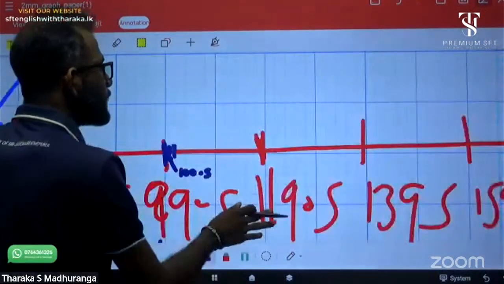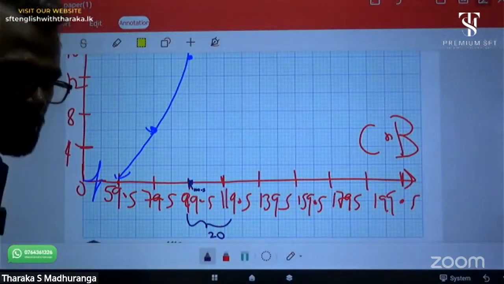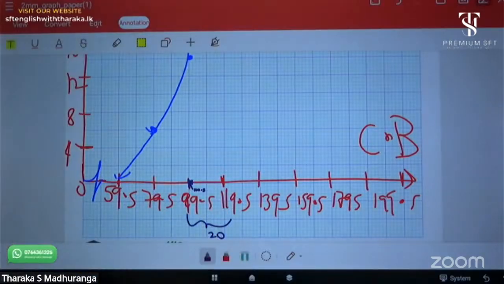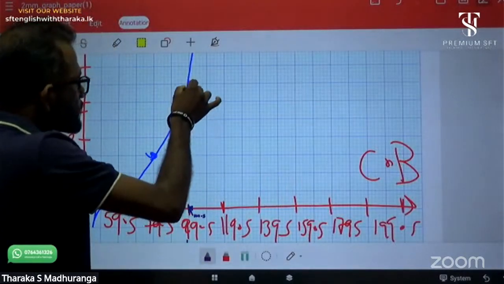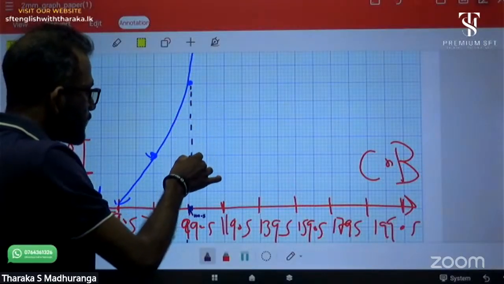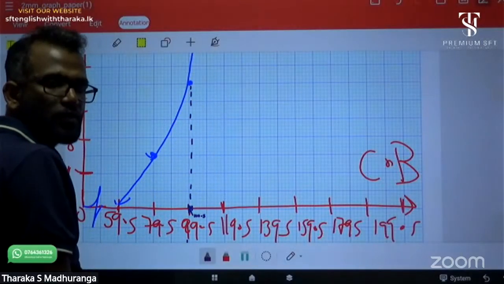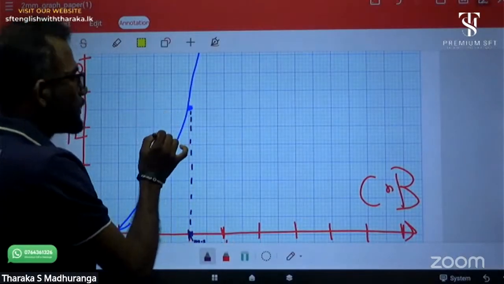First select 100.5 on the table, on the x-axis. The question asks for more than this level. Now you can draw a dashed straight line using your ruler, until it meets your graph.